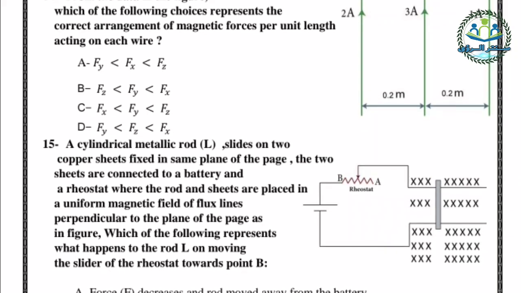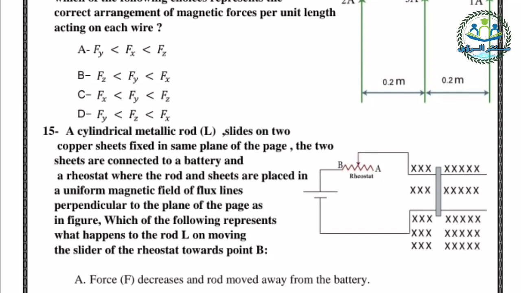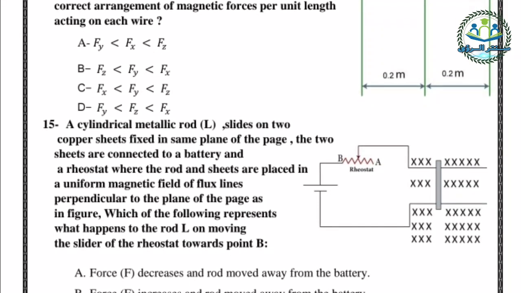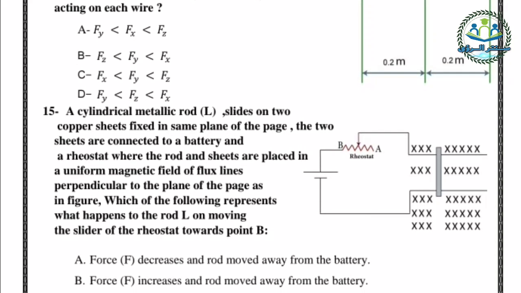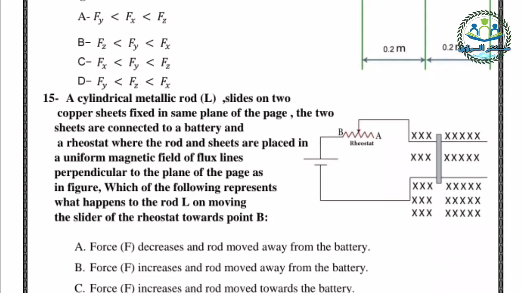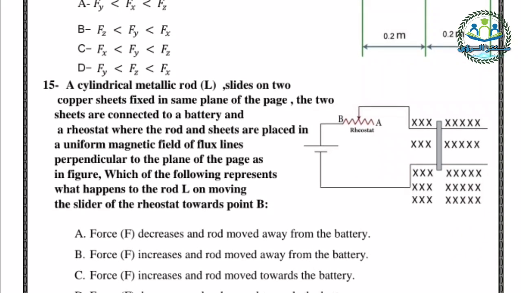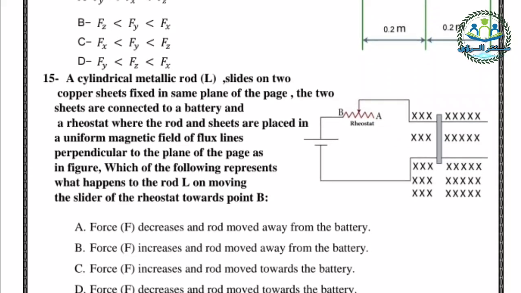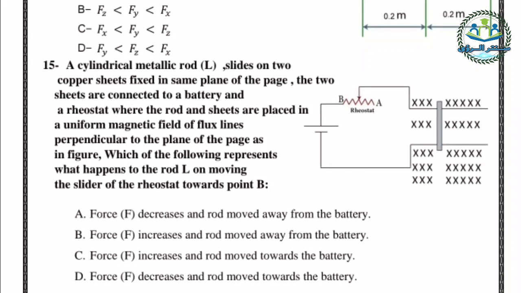15. A cylindrical metallic rod, L, slides on two copper sheets fixed in the same plane of the page. The two sheets are connected to a battery and a rheostat, where the rod and sheets are placed in a uniform magnetic field of flux lines perpendicular to the plane of the page, as in the figure. Which of the following represents what happens to the rod L on moving the slider of the rheostat towards point B?